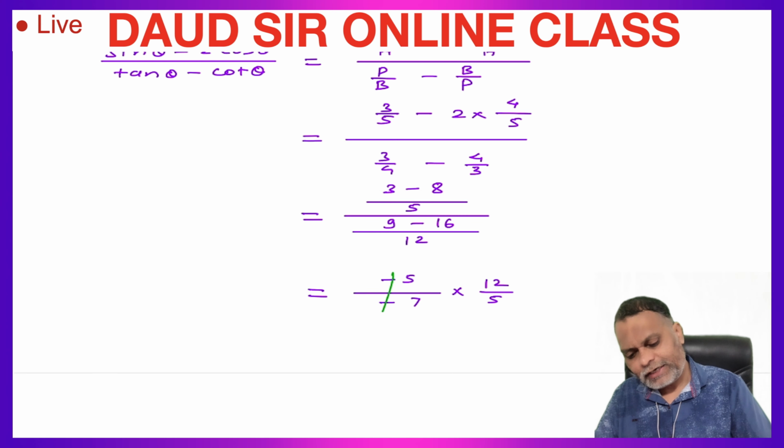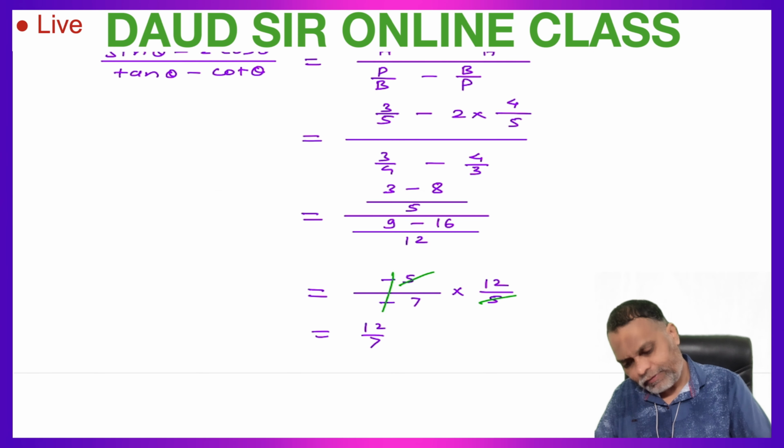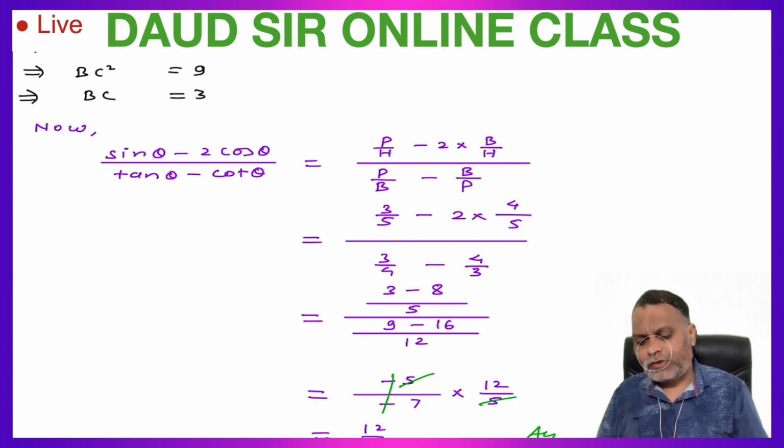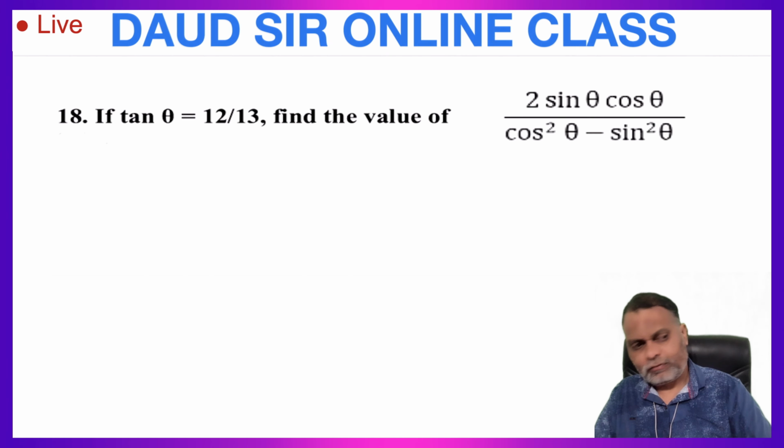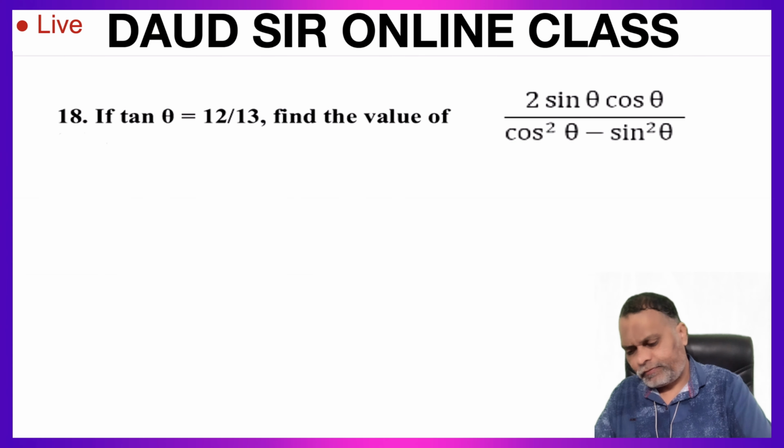This minus minus gets cancelled, 5 cancelled, which is equal to 12 upon 7. This is the required value of sin theta minus 2 cos theta upon tan theta minus cot theta, 12 upon 7.